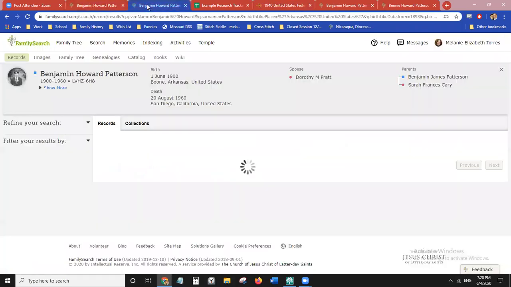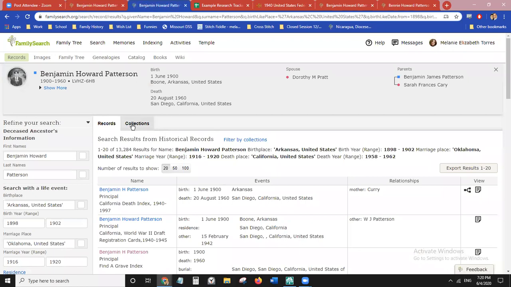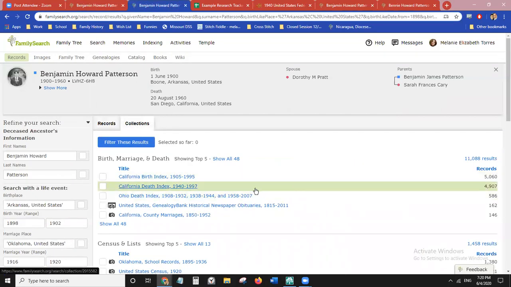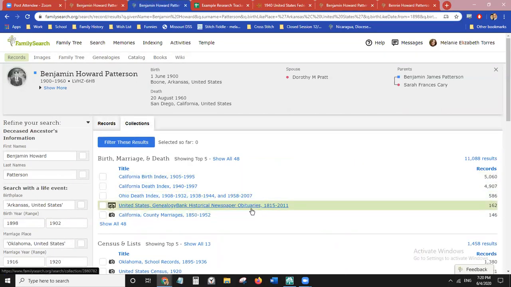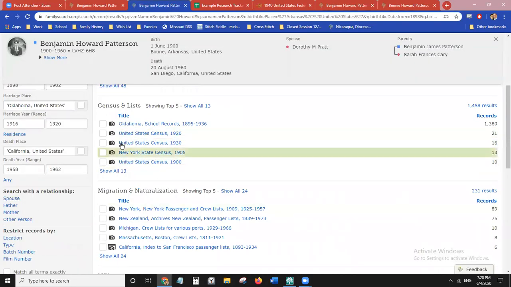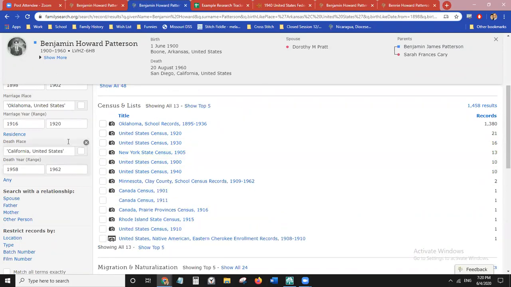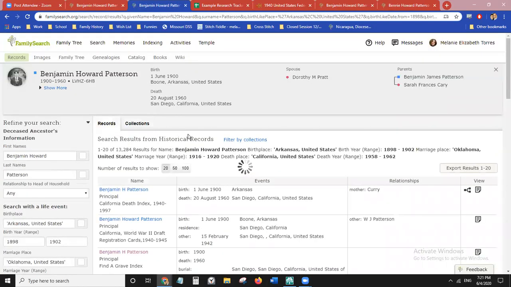And I'm starting with the later census because I want to work backwards, closer in time to what information I know, which is that he died in San Diego and had a draft record there. So, well, 1940 census.